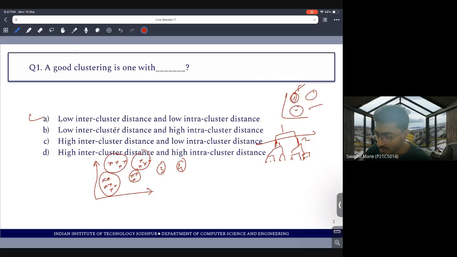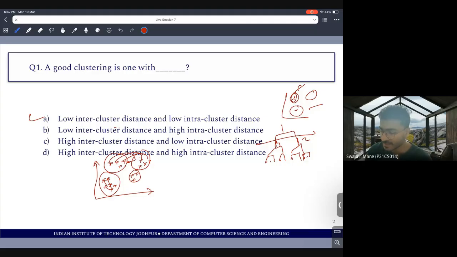Inter cluster means the distance from this cluster to this cluster, the distance between these points, this point to this point, this point to this point. This is the inter cluster distance. And intra is the distance within the cluster itself. Whatever points fall into a single cluster, we need to find their distances.